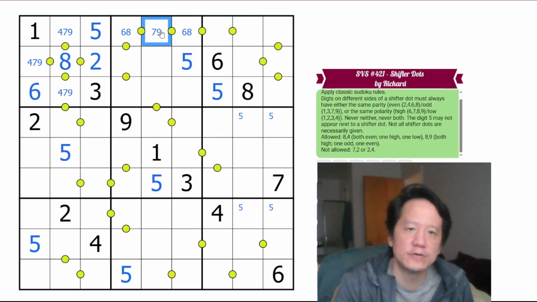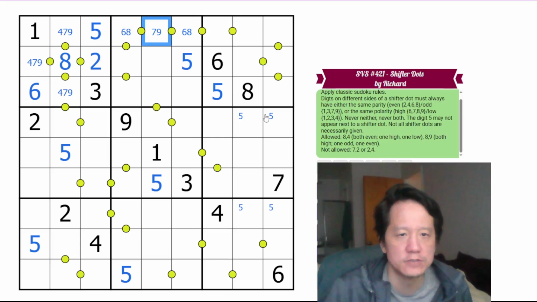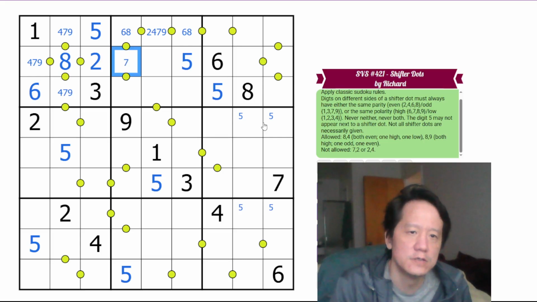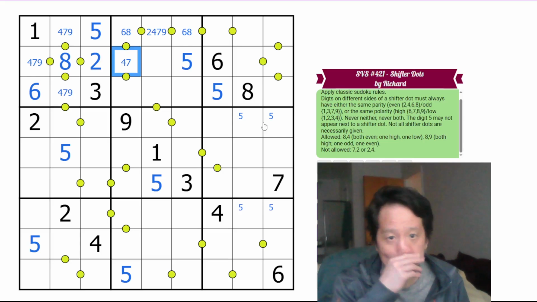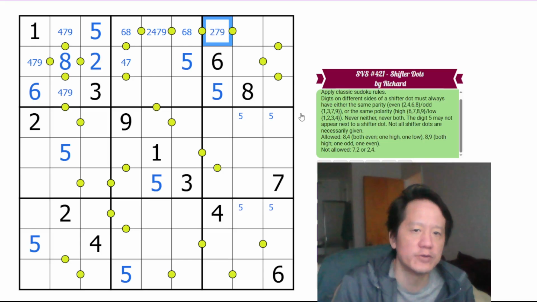So this is 7 or 9. Or it's the same parity, which is even. So this is 2 or 4 then. We're not sure. Same here. This is either high with odd digits, or it's low with even, and it cannot be 2. So this would be 4 or 7 here. This would be the same, 2, 4, 7, 9, but it can't be 4.